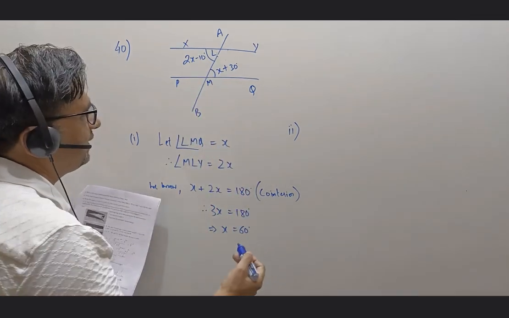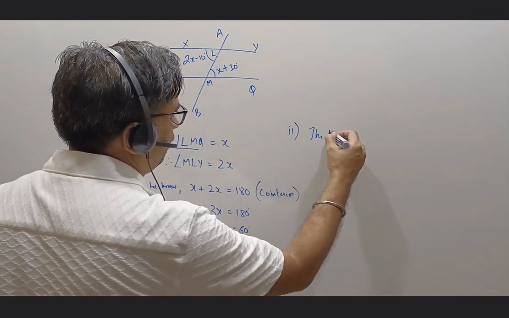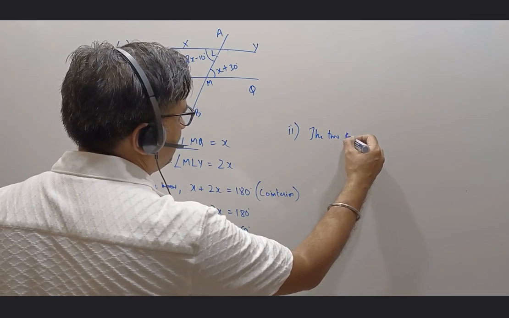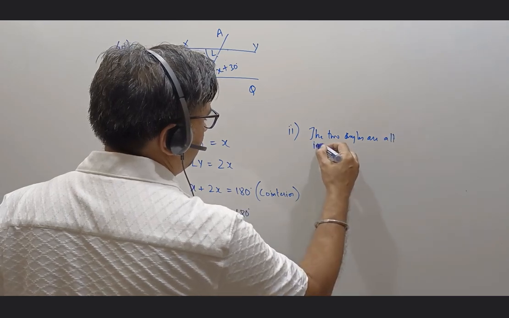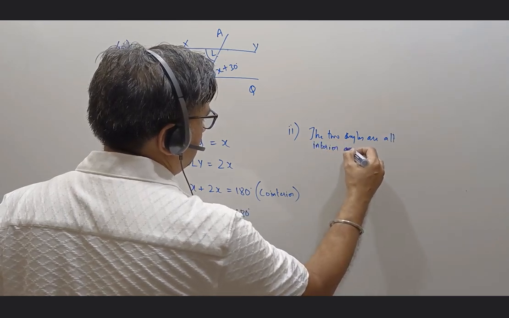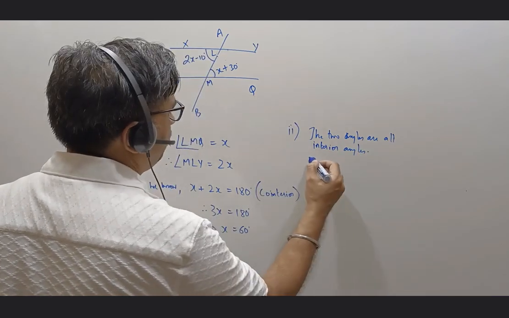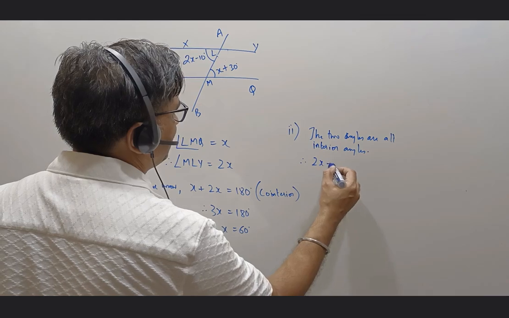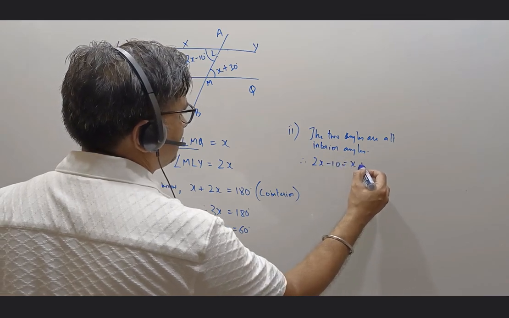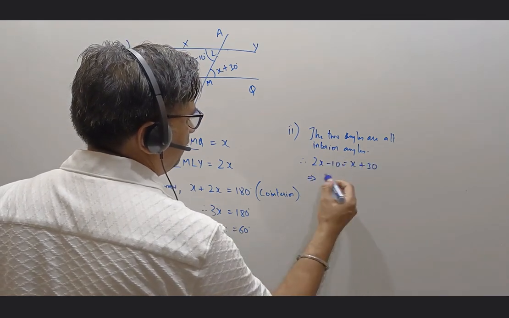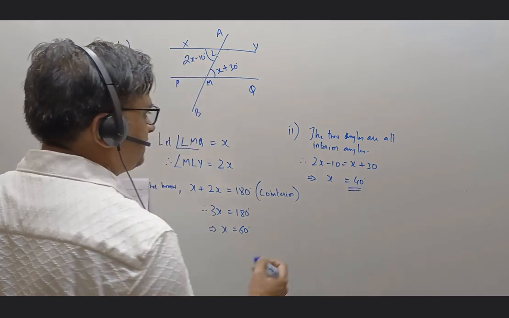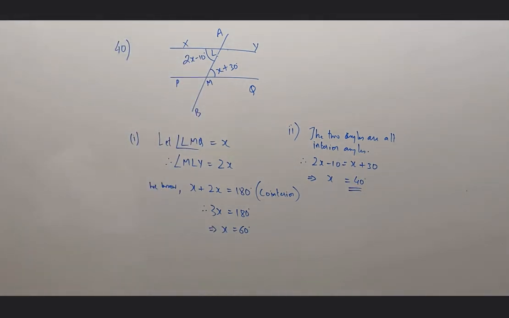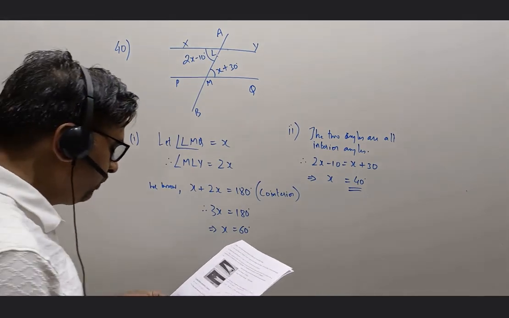We know that these two angles are alternate interior angles, and therefore they are equal. Therefore 2x minus 10 is equal to x plus 30, and if you transpose x and 10 to the other side, it becomes 40. So in this case, x is equal to 40 degree. Angle XLM is equal to PML.